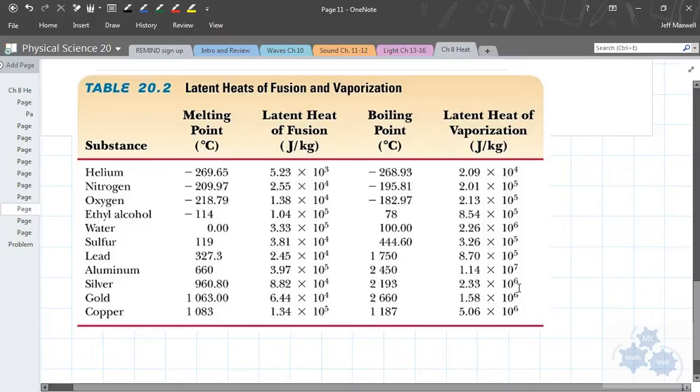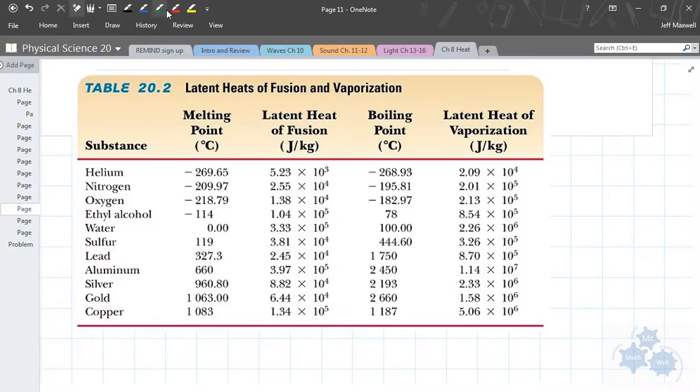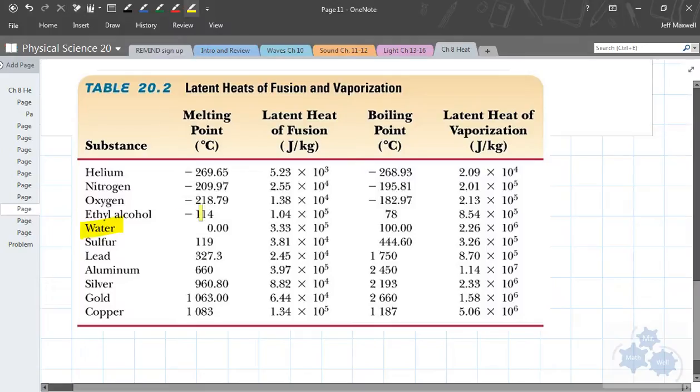Here's a chart that may not be identical to the one in the book, but it looks at different elements or compounds. So here's water, and we can see that the melting point is 0 degrees Celsius, and the latent heat of fusion is about 3.33 times 10 to the 5 joules per kilogram.